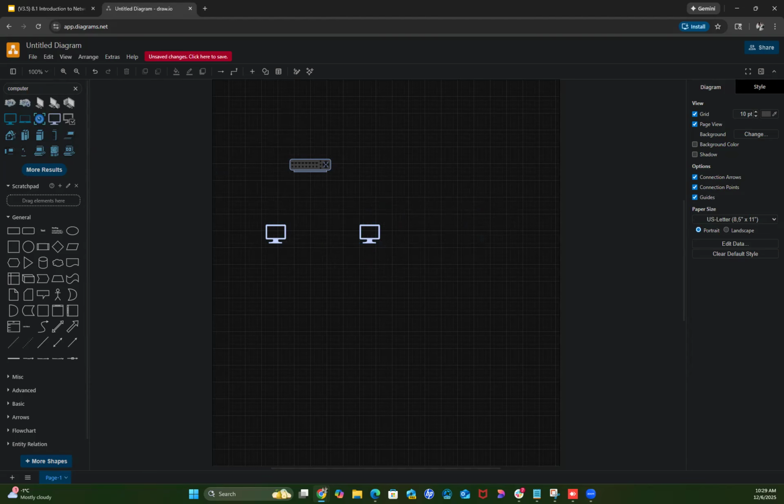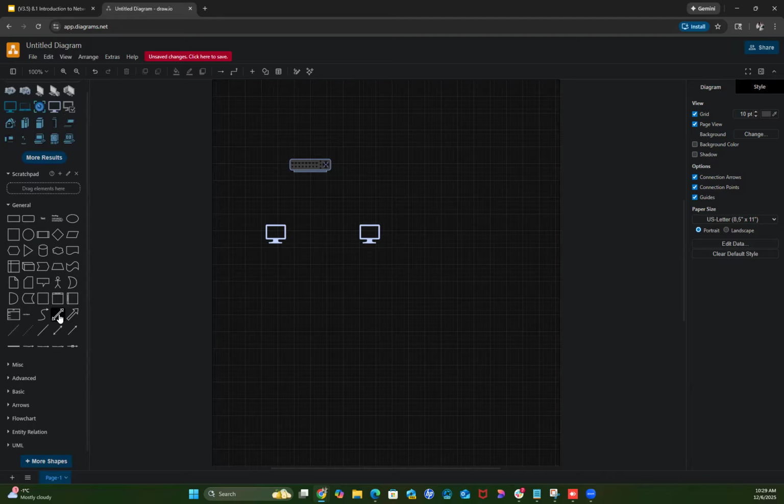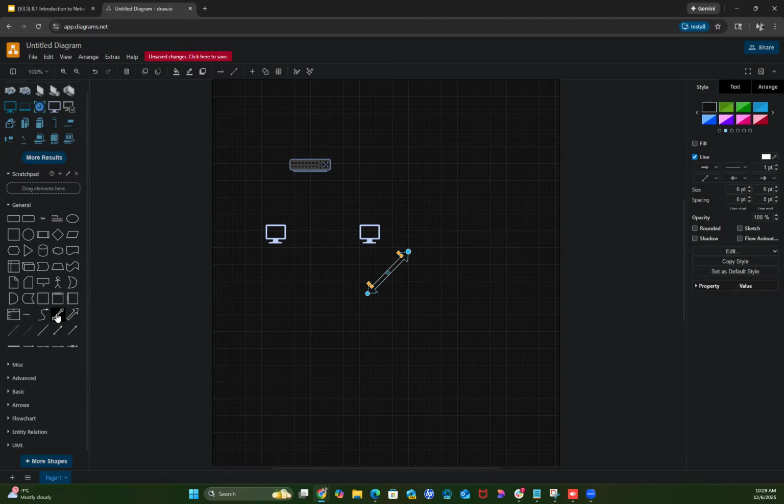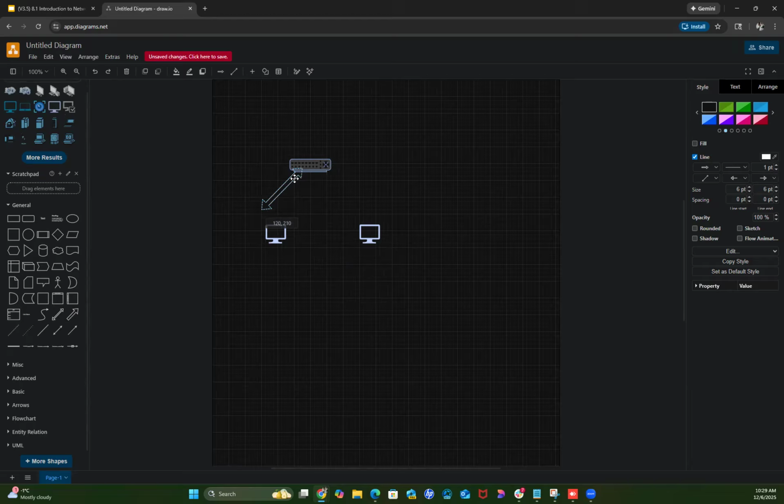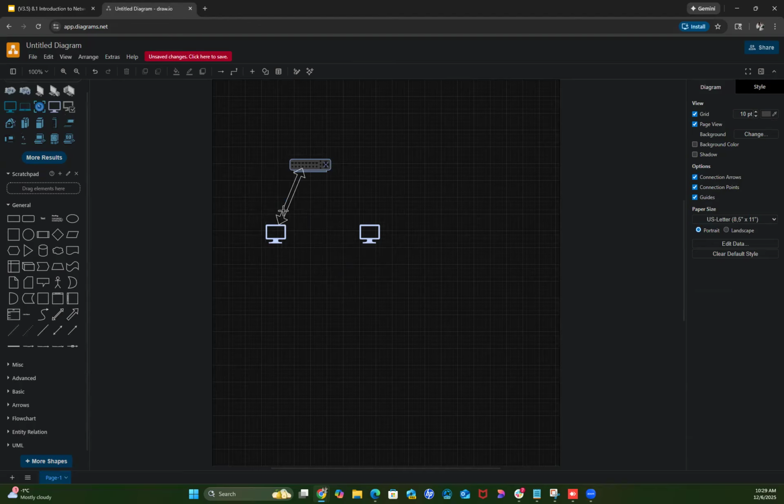And then if we need connection, we just connect the switch to the computer. We use this two-way bidirectional arrow to connect each other. Otherwise this is not good, so we use another one.